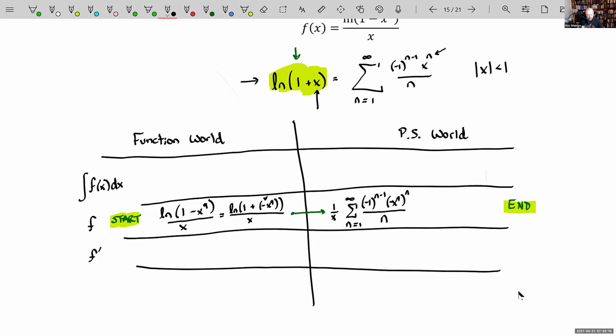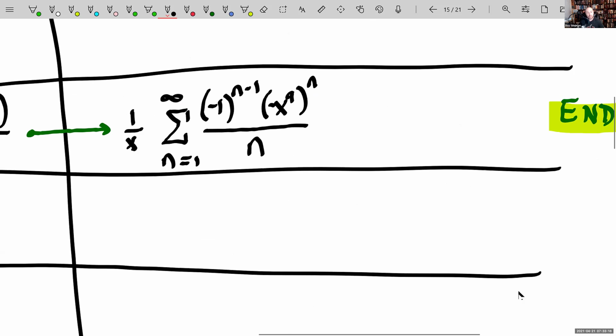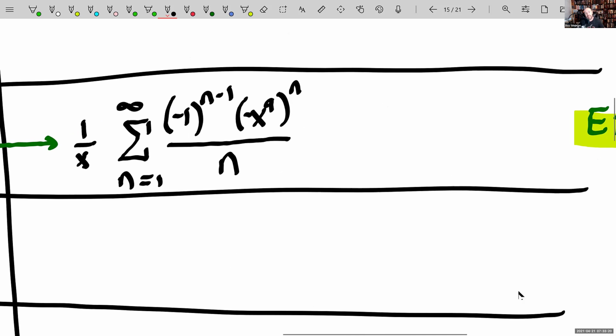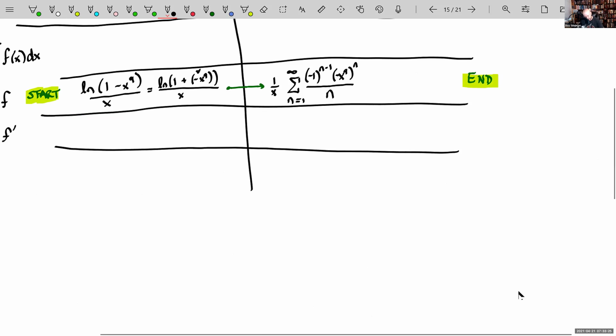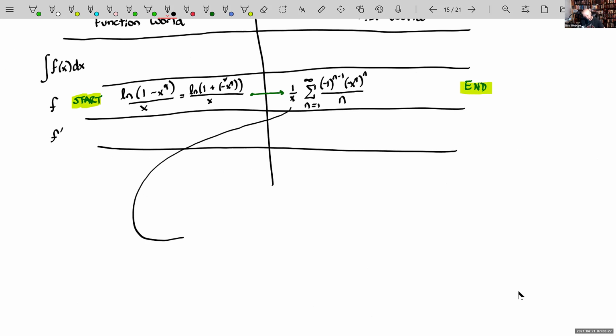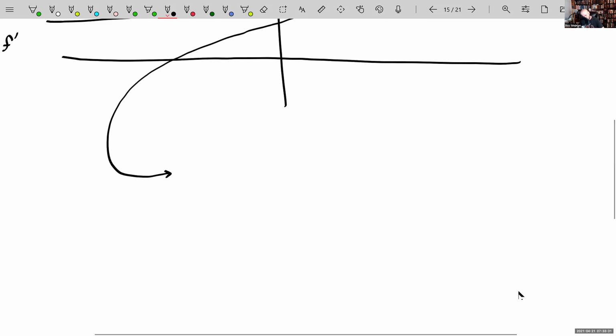So let's go ahead and clean up this power series. It's pretty much done, but this is not how you would answer. So let me use the space down below, and I'm just going to point an arrow so that I have a nice clean space to work with. I'm going to showcase that this is 1 over x summation n equals 1 to infinity of the negative 1 to the n minus first power.